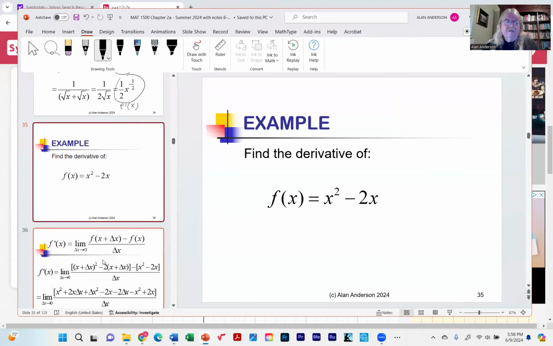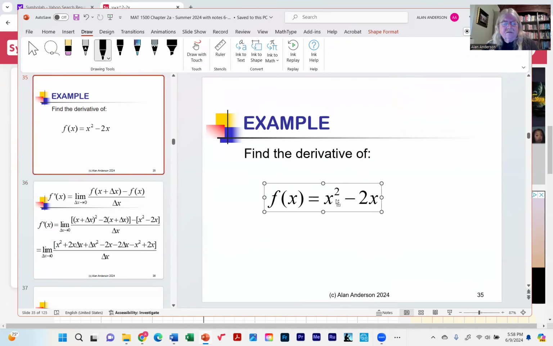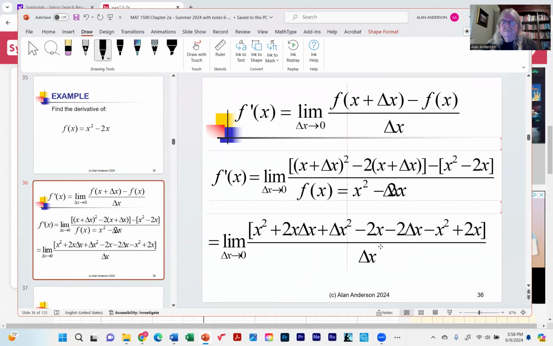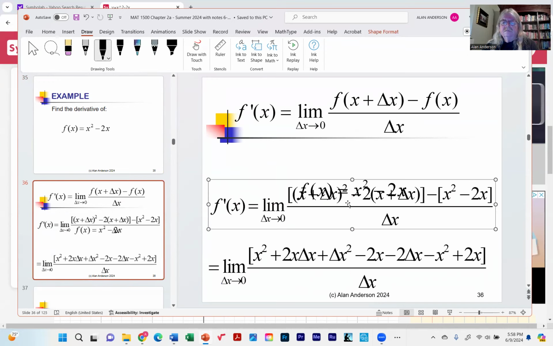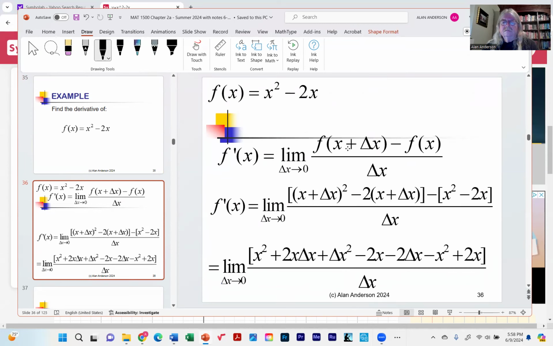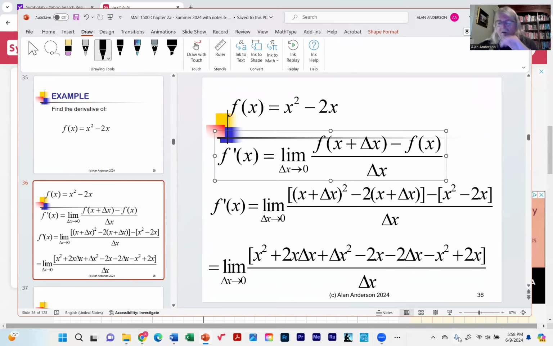So once again, we take out our definition. And let me quickly copy this so we don't lose it. So this is the definition. So f of x plus delta x means that you have x plus delta x squared minus 2 times x plus delta x in the first term.